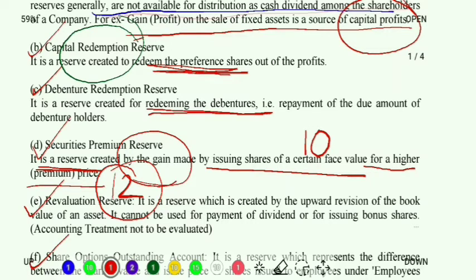Clear? In simple language, just understand that in case I am selling my shares for a higher price or for a premium price, whatever is my income, whatever is the profit that I am having, for example rupees 2 in this case, then that rupees 2 will be accumulated in a reserve called the securities premium reserve. I hope now it would be clear to you.